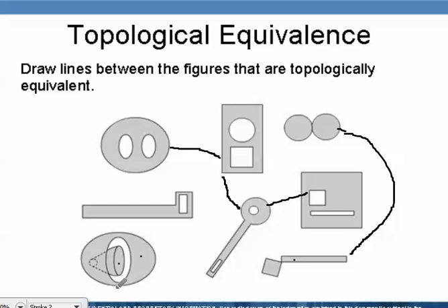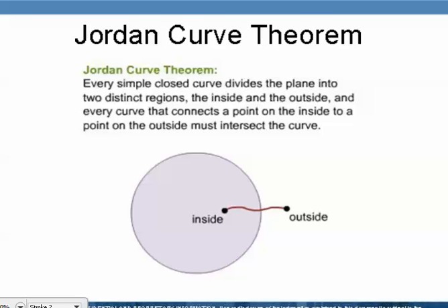Okay? This is topology. It's difficult. It's something that you have to visually look at and examine and see if you can understand it. Along with this, you've been doing this since you were a little kid.